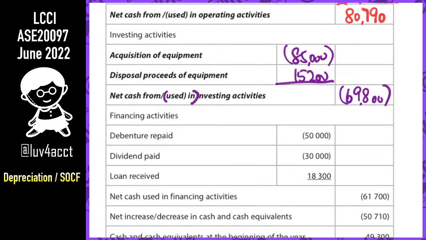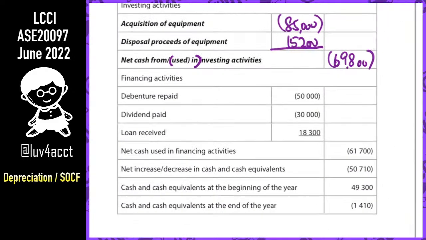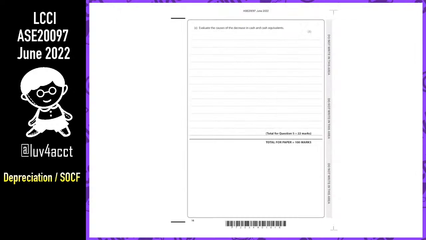Do we have to put in anything else? No, I guess. Debenture repaid, dividend paid, loan received, given to you, and that's it. That's all. Great. We have finished 95% of the paper.